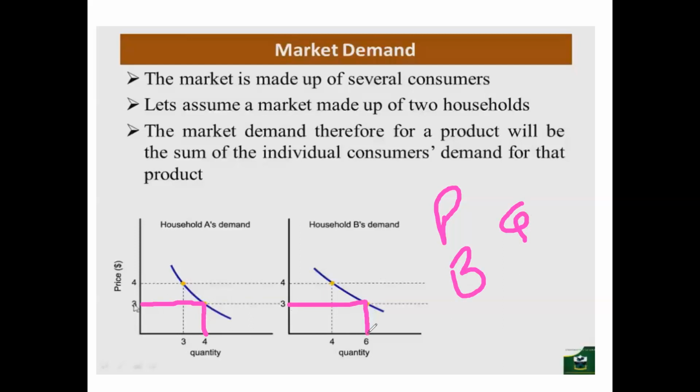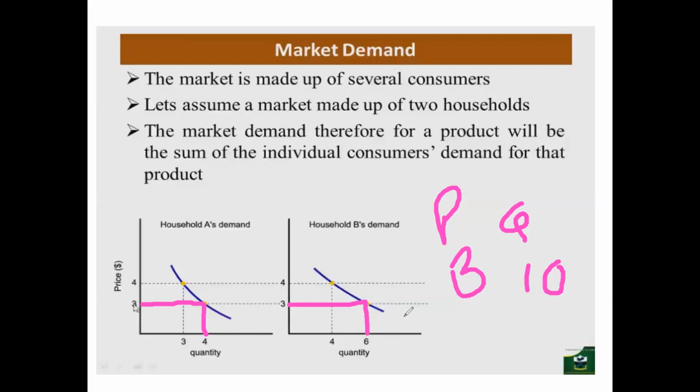Then the whole market demand is therefore 10. So under price 3, to calculate the market demand, we have to sum up A demanding 4 units and B demanding 6 units.